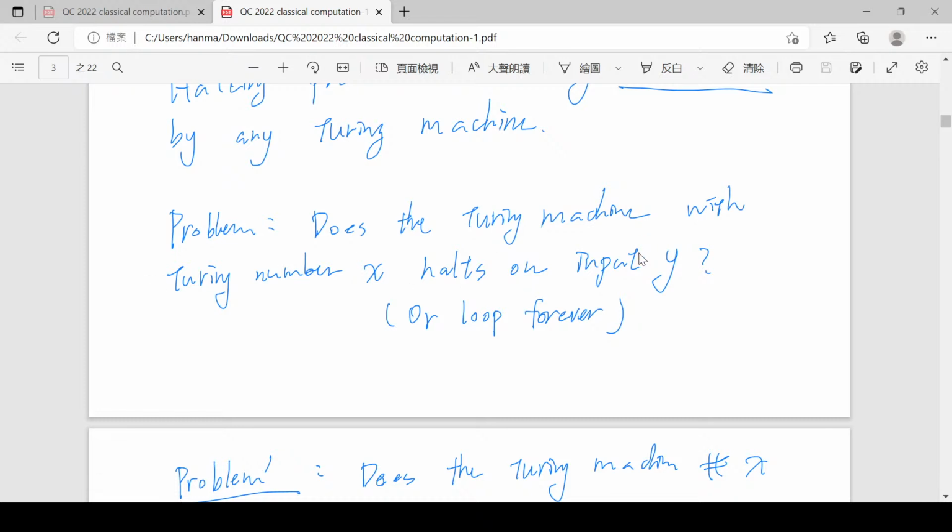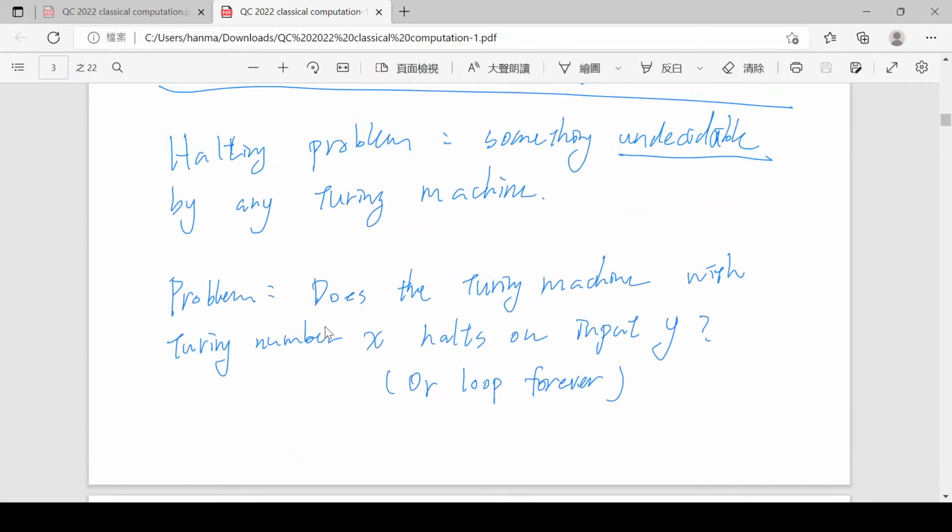Okay. So this problem has two inputs, x and y. And we want to determine whether it halts or not. So your answer should be yes if this halts, or no. That means this Turing machine x will, when you feed it input y, loop forever. Yeah. And this problem we are going to show is undecidable.